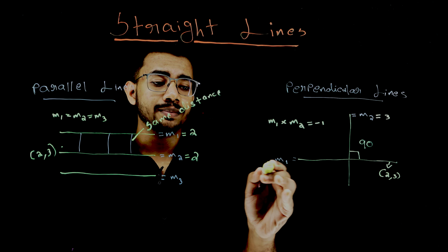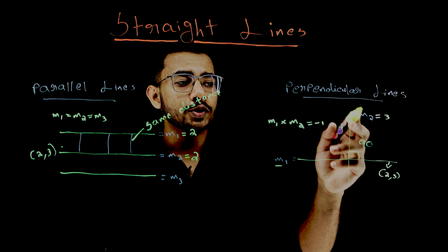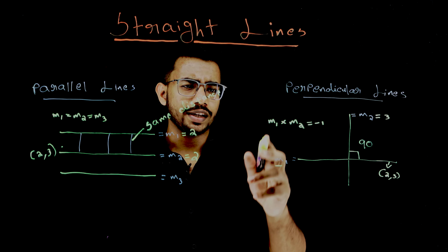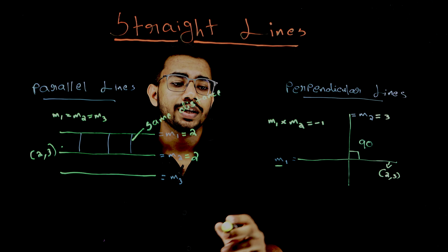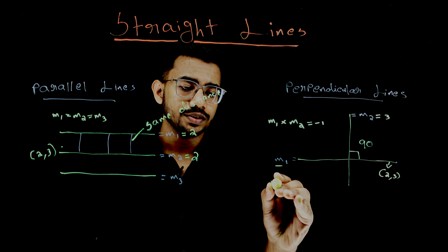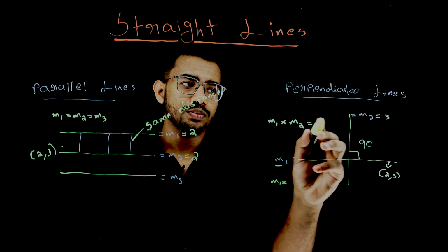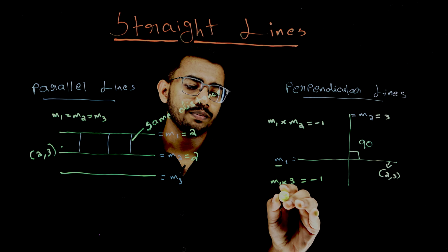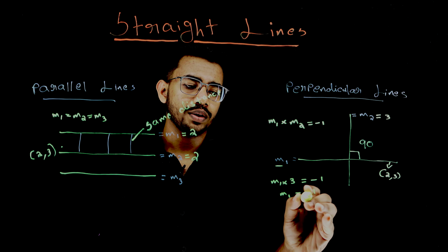In the question itself, they will say that these two lines are perpendicular and the slope of the perpendicular line is 3. And I know the relation m1 times m2 equals -1. So I need to find m1 from that. m1 times m2, and m2 is 3, so 3 m1 equals -1, and from that m1 equals -1/3. I got the slope of this line and a point, so I can find the equation easily.